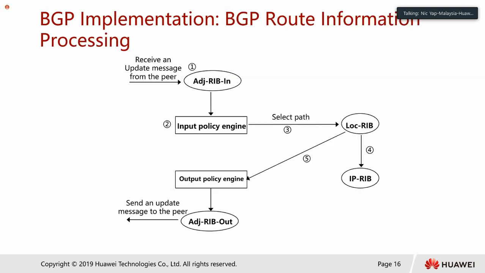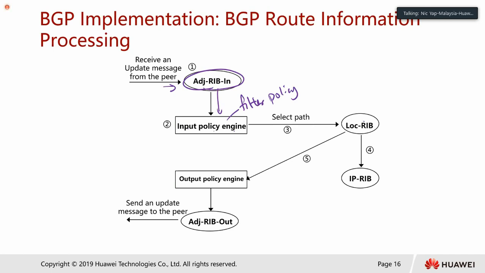So when they receive an update message from the peers, they first go to the adjacent RIP in. They will not go direct to your BGP tables. They go to the adjacent RIP in, and they pass through the input policy engine. This is where your filter policy is. You can filter before they go into my BGP tables.